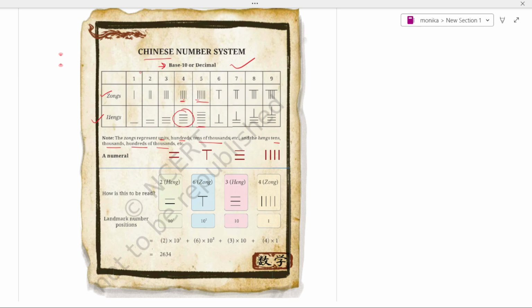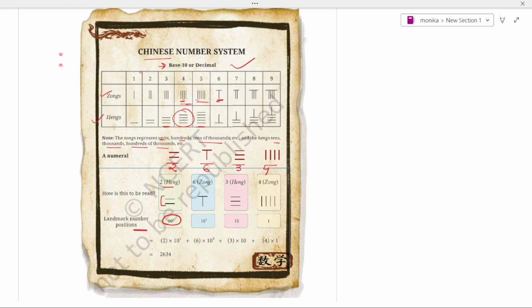Two hengs means the symbol this, and the landmark number will be 10 cube. Six zongs, the symbol, three hengs, the symbol, four zongs, right? So we are going to read this numeral now: two hengs, six zongs, three hengs, four zongs.